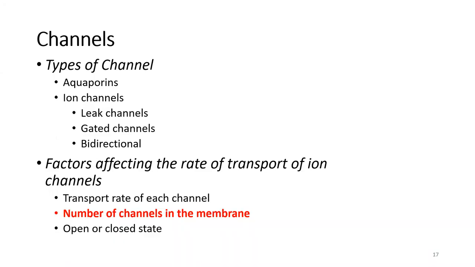If we put as many ion channels in the membrane as we can, we can no longer increase the rate because we've maxed out the number of carriers. And then if we max out the rate of each carrier, we obviously cannot go faster than that. The last factor is whether or not the channel is open or closed. That's an obvious factor. If we've got a closed channel, we can't increase the rate.